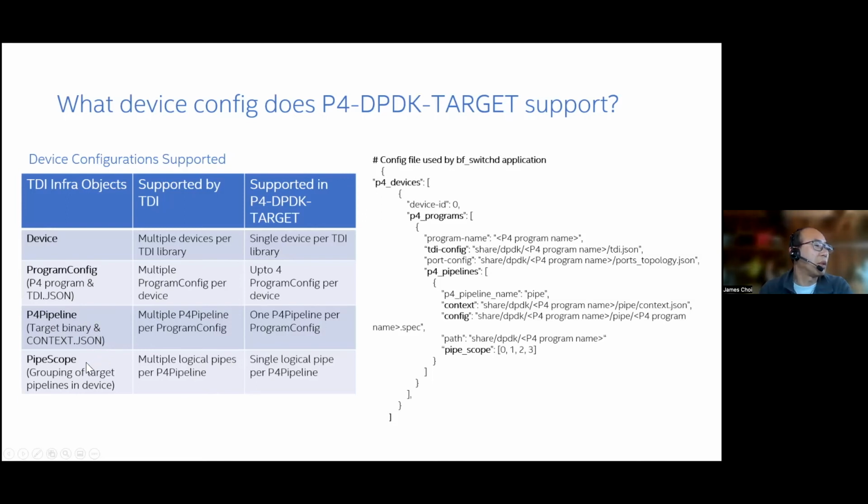And there's a concept of P4 pipe scope, which is a grouping of target pipelines in a device. TDI provides certain capability to support these infrastructure objects, and the P4 DPDK target provides a subset of what TDI provides.